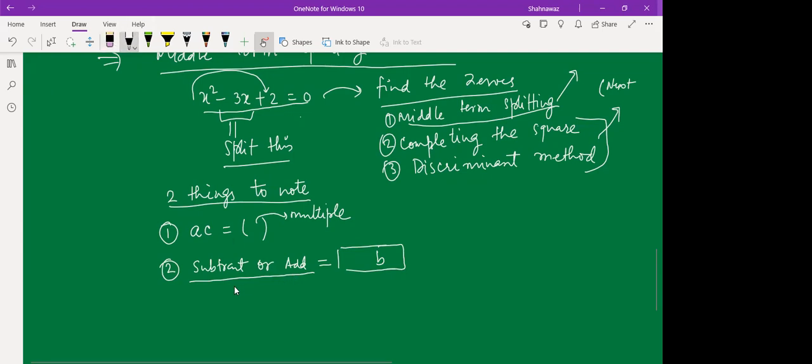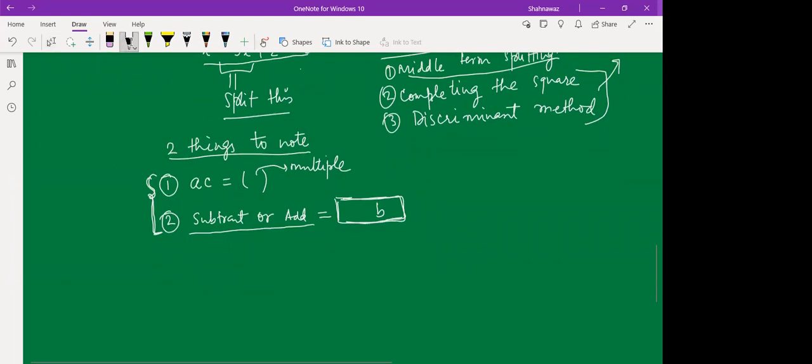So whatever you do, you subtract or add, you will have to get B as the final answer, right? So apply these two criteria. One is that A into C is what?